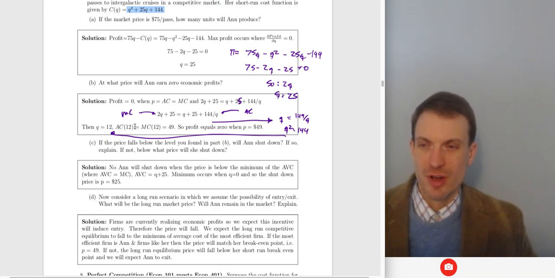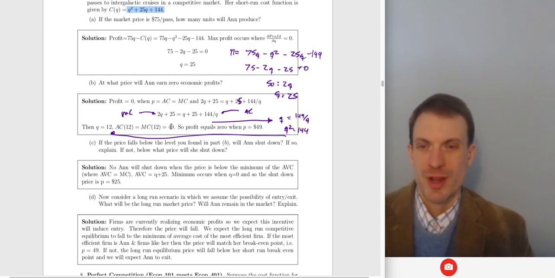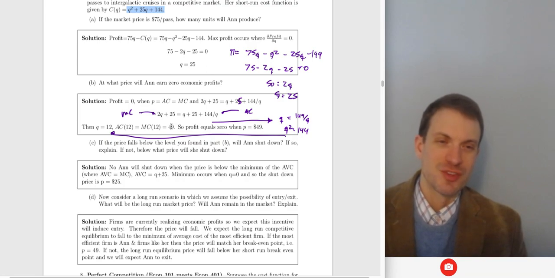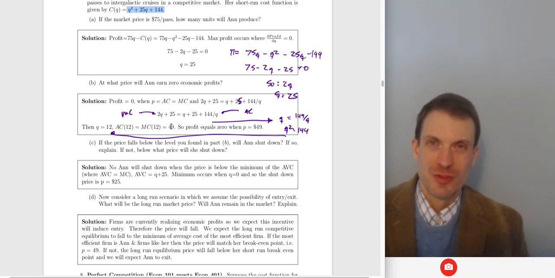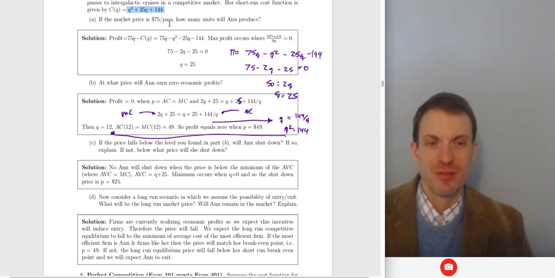All right, the average cost associated with producing 12 units and the marginal cost associated with producing 12 units, it's 49. So profit equals 0 when the price is equal to 49. And, okay, so we actually solved part A, right? If the 0 profit line is where price is equal to 49, and up here, price is equal to 75, then they're definitely making profits in part A.